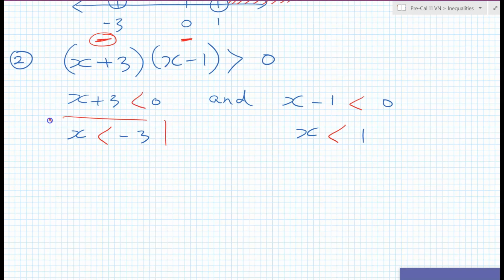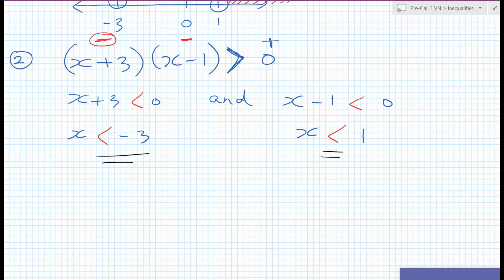And when you solve these, what do you get? You get x less than negative 3 and x less than 1. Remember that for this product to be positive, each of these brackets must be a negative number when you solve for x. So that's why we get these two.